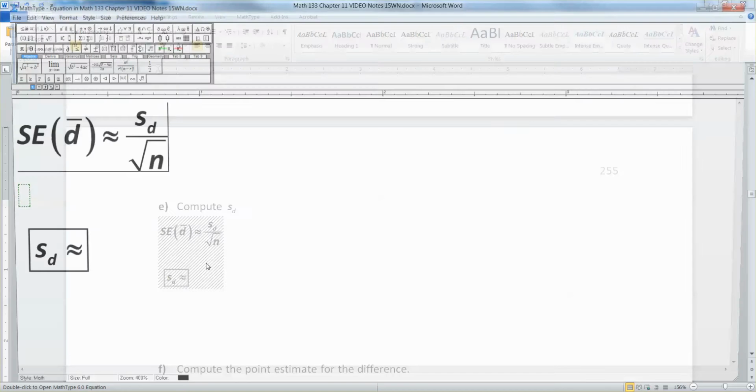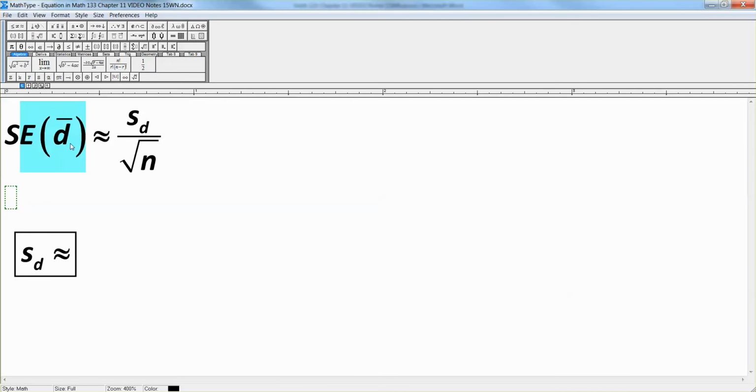Okay, in section 8.1, we learned that the standard error of x bar is sigma over the square root of n, but we don't have sigma, so we'll have to use s, because it's an approximation. So the standard error of d bar is approximately the standard deviation divided by the square root of n. But we know that the standard error is 1.57 because it was given to us in the problem up in the computer outputs.